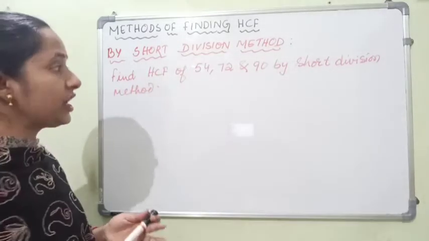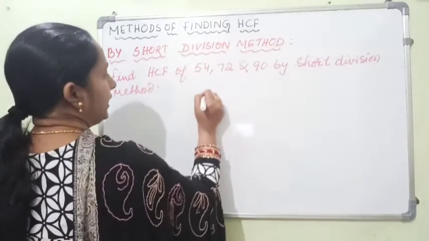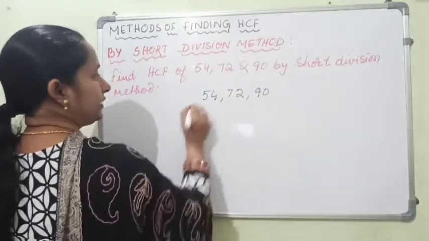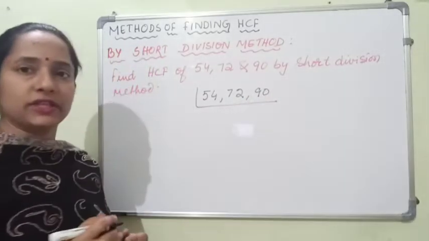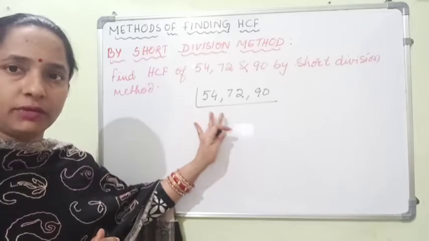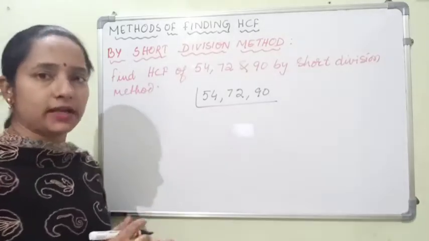Then what shall we do here? We will write 54, 72 and 90 together and put the symbol of short division. This is the symbol of short division. Whenever we do the short division of any number, we put the symbol like this and start dividing.